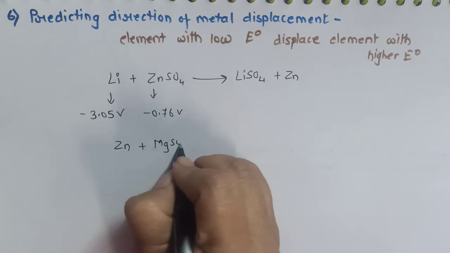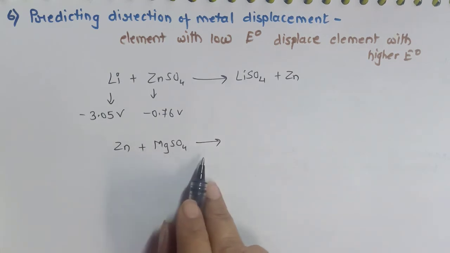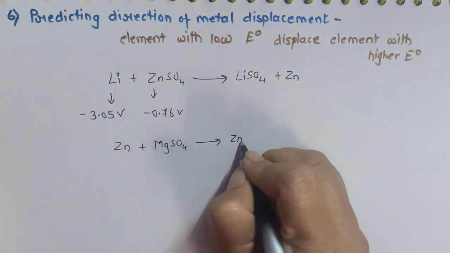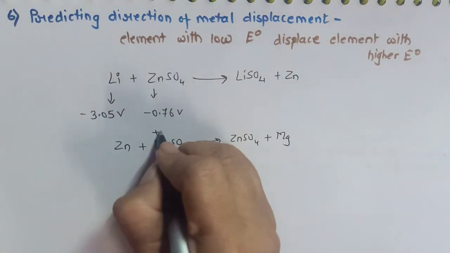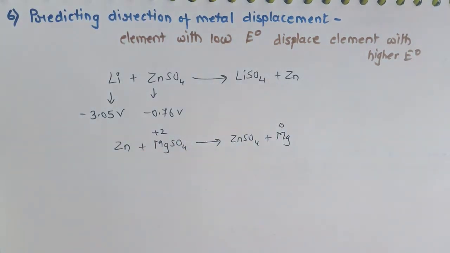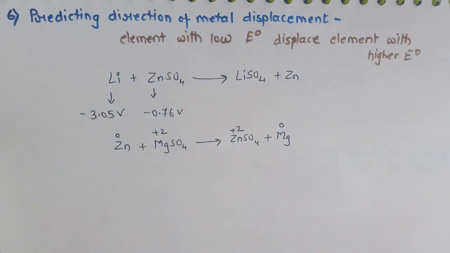Let us have one more example. Zn plus MgSO4. Whether zinc will be able to displace magnesium from its aqueous salt solution, or whether zinc will be able to reduce magnesium, because if this reaction takes place, it will be ZnSO4 plus magnesium. Magnesium in plus 2 oxidation state will get converted to 0. Zinc in 0 oxidation state will get converted to plus 2.